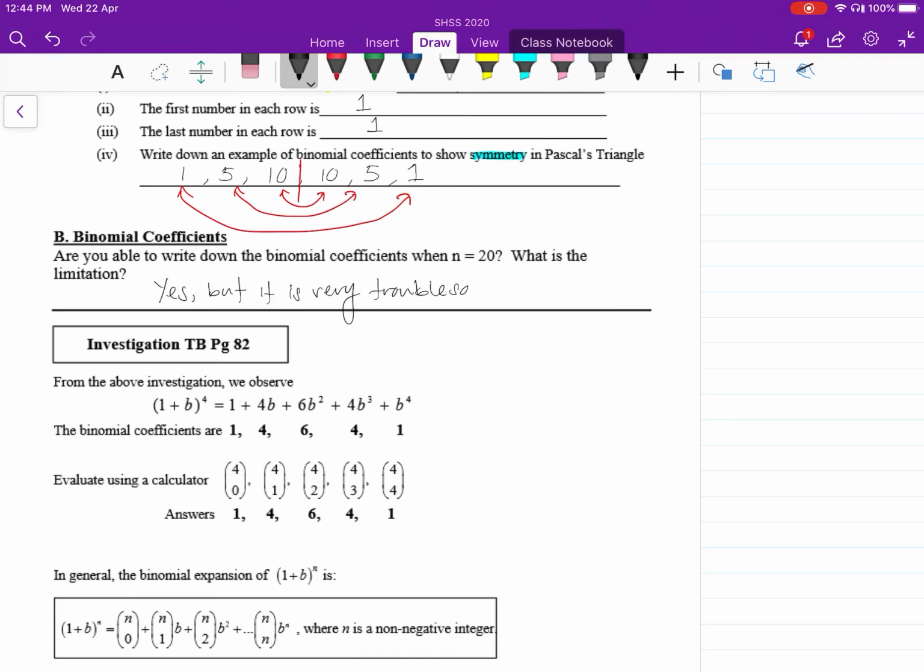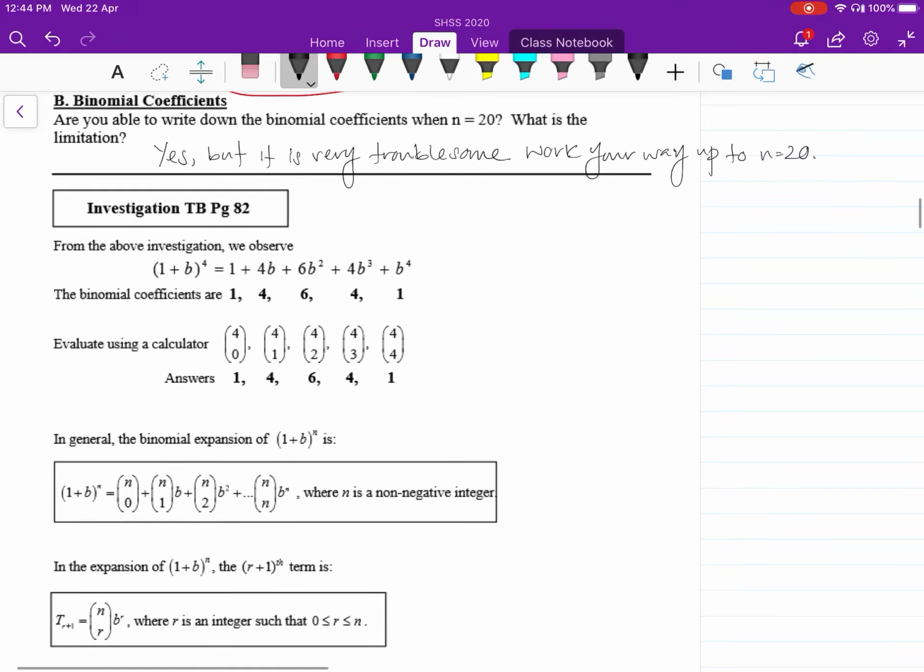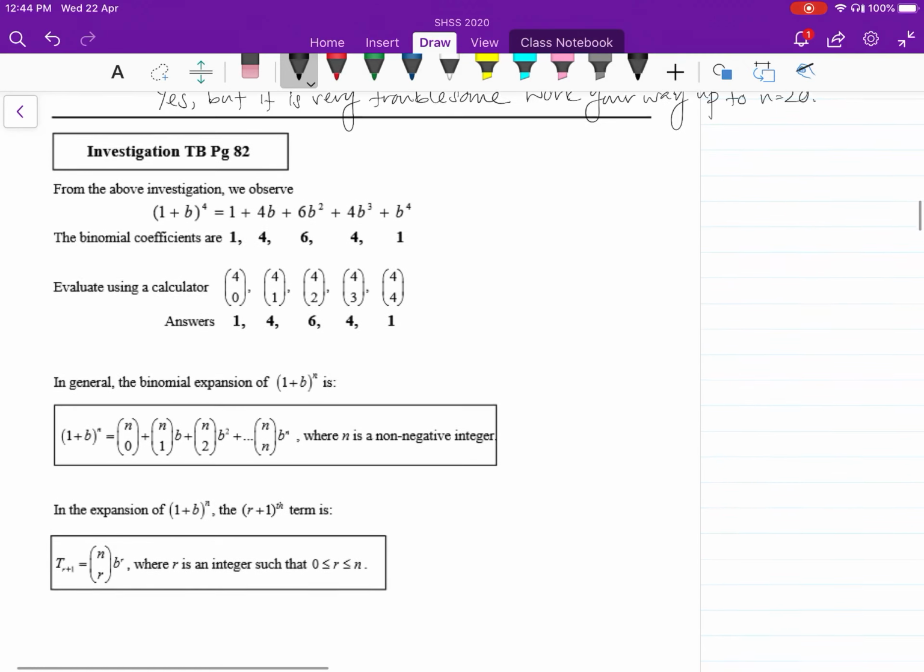It's possible. But what are some of the limitations? That means you have to work your way up to n equals 20. Okay, and that's not something that we want to do all the time, because that's crazy. Right, let's move on, because this is not exactly very important.